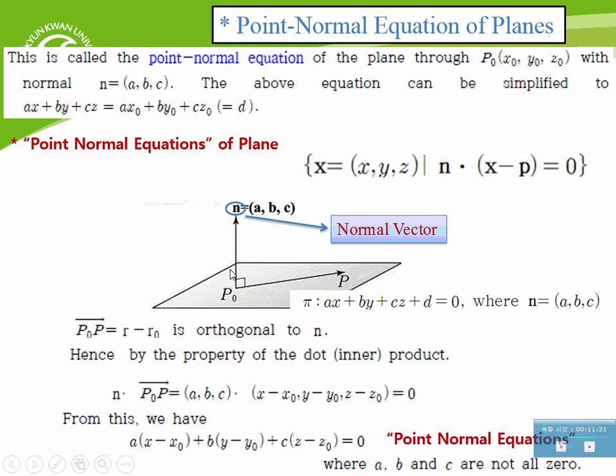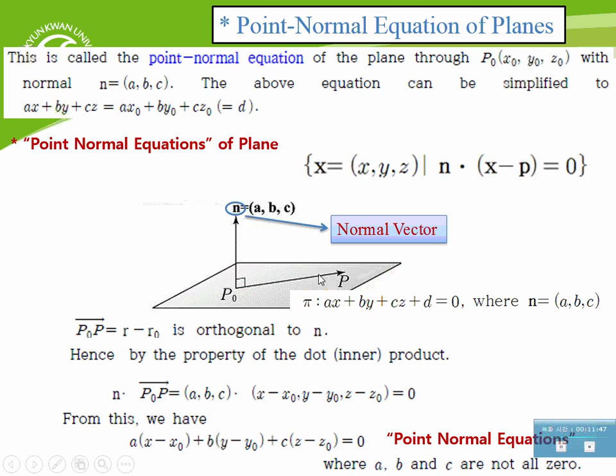This vector is orthogonal to any vector on this plane. So if you have a vector here and another vector which is orthogonal to it, the inner product of those two vectors should be 0. That's what you learned in section 1.2: inner product, angle, and orthogonality.